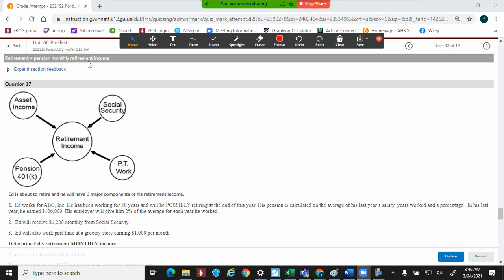All right, so the answer is going to be his new monthly retirement income. The way you do this is you find his monthly pension, which is step one.